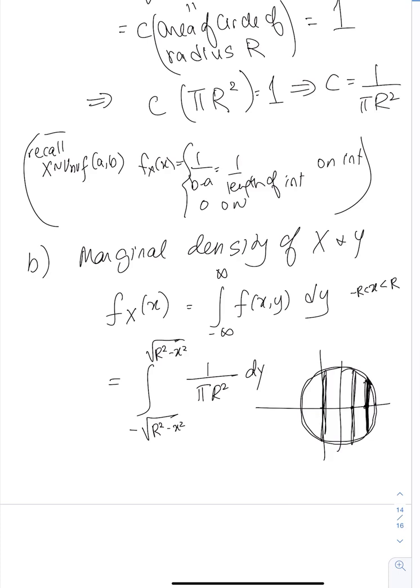Outside of that y limit to that y limit, the joint density is 0. So you only have to integrate from this bottom to this top. What will this be? So 1 over pi r squared comes out, and you're integrating 1 over this.